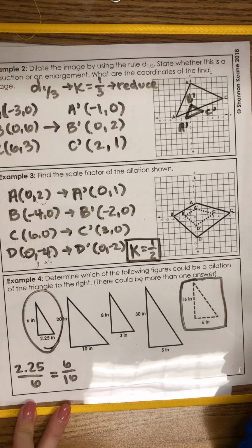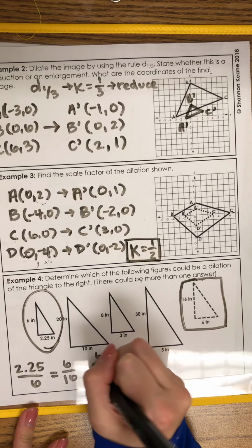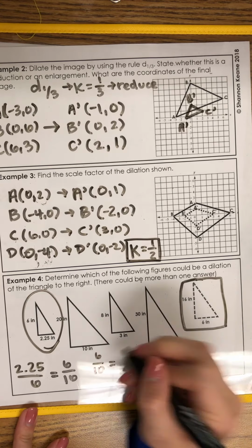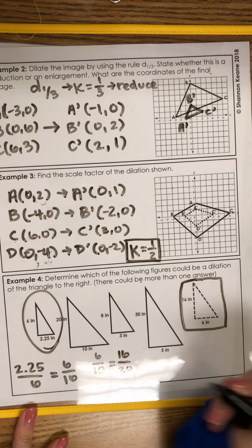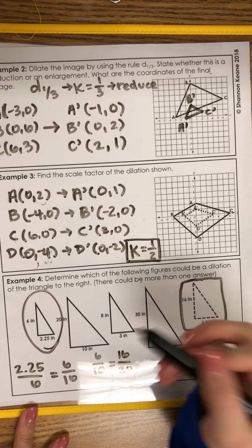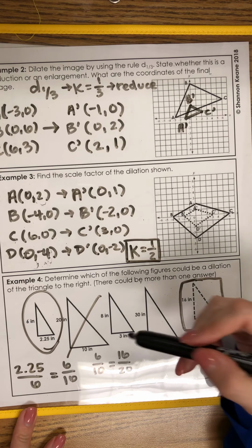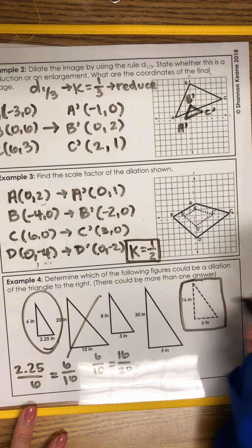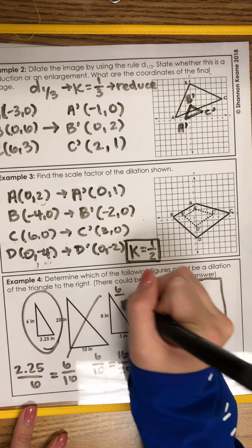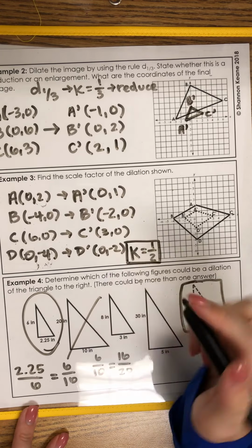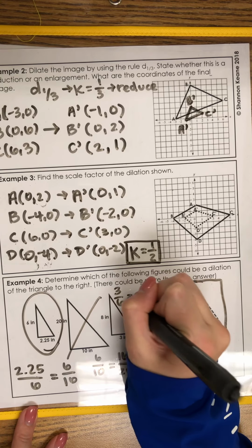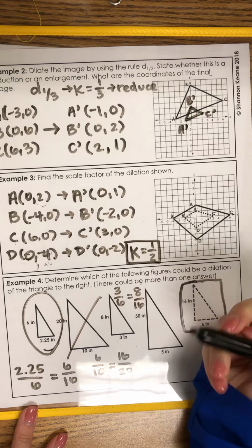We can do this with the next one as well. 6 over 10, does this equal 16 over 20? It does not, so that one is not similar, and so it is not a dilation of the triangle. The third one, let's do ours. 3 over 6 is equal to 8 over 16.